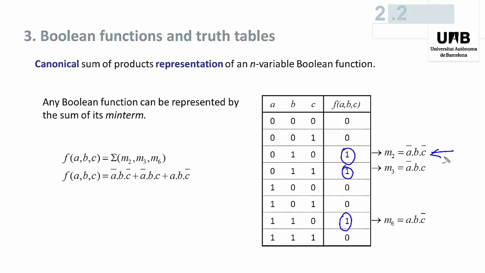Effectively, this product is equal to 1 if A is equal to 0, B equal to 1, and C equal to 0.